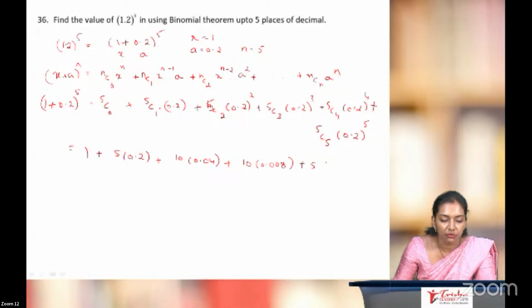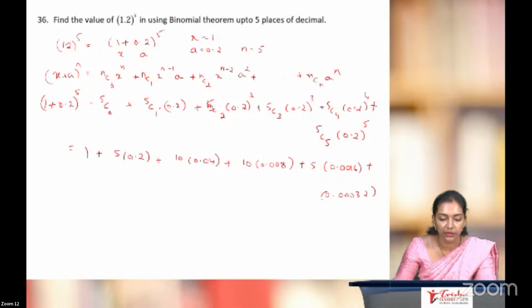Next it is 5 and 0.0016, plus 1, or it is 0.2 to the power 5, or it is 0.00032.